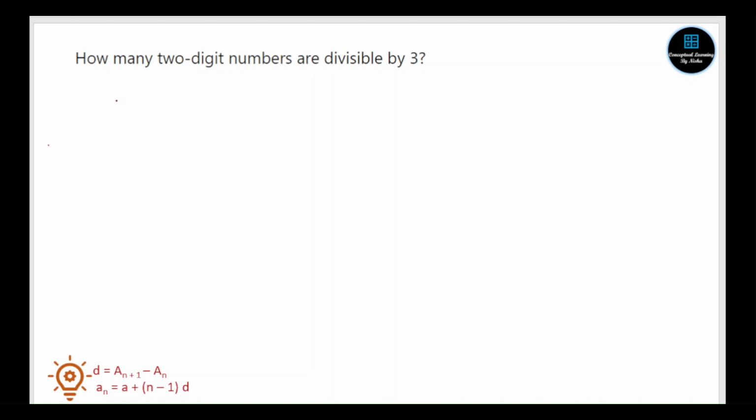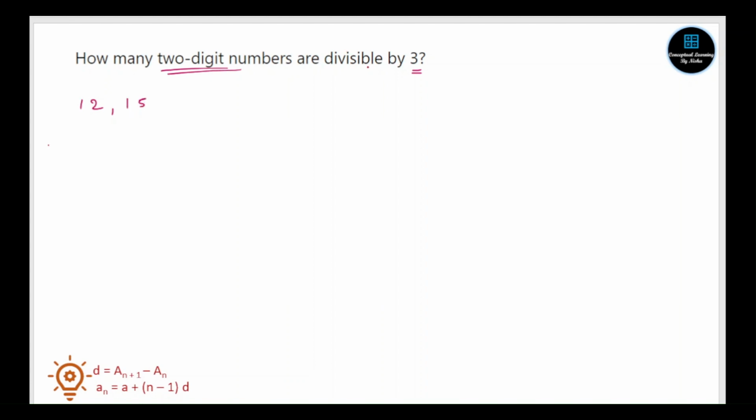Okay. Very interesting question. Now, how many 2-digit numbers are divisible by 3? So they are talking about 2-digit numbers. The first 2-digit number which is divisible by 3 is 12. The next is 15.